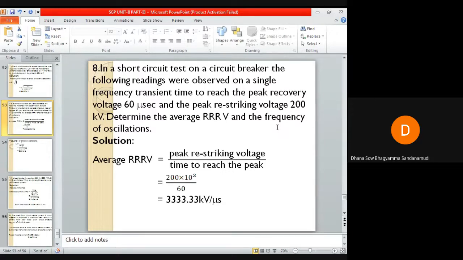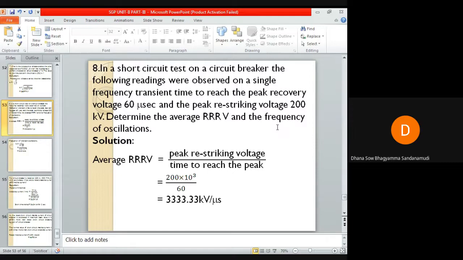The test was performed on a circuit breaker in a laboratory, and it is observed that the single frequency transient time to reach the peak recovery voltage is around 60 microseconds, and the peak restriking voltage is 200 kilovolts.